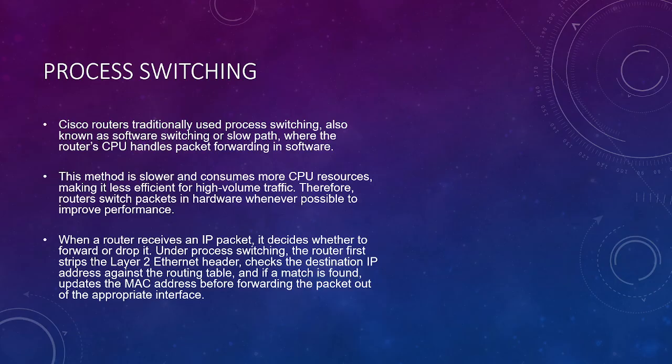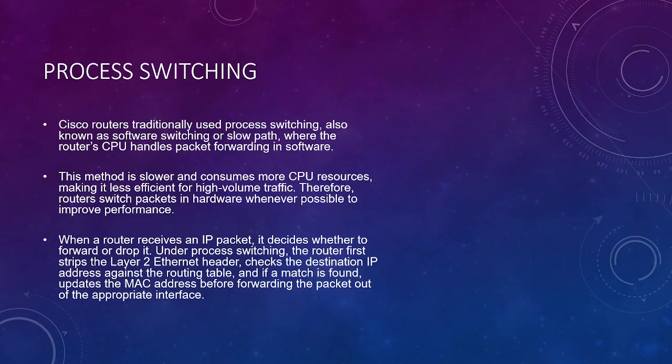By default, when we say IP routing switching, we need to understand whether it forwards based on layer 2 or layer 3. By default, IP packet switching is on layer 3. So it has to open the IP packet and see the destination IP address. For that, you need to first remove the layer 2 header.